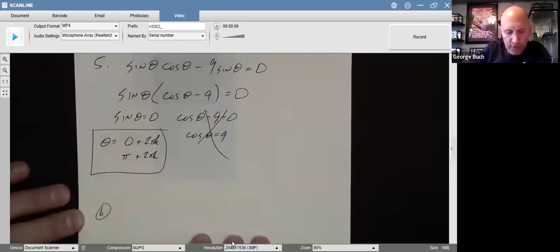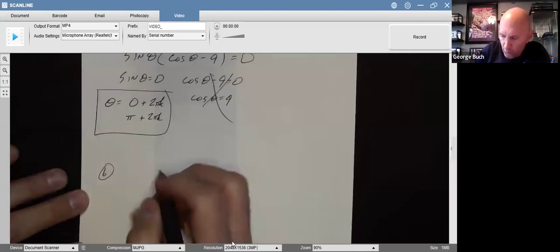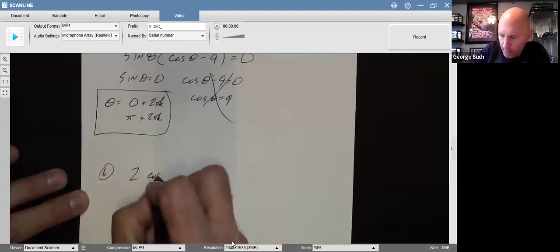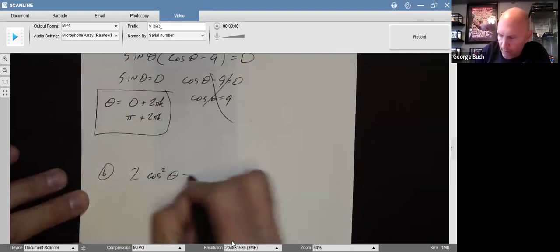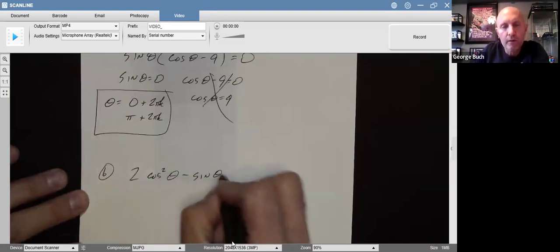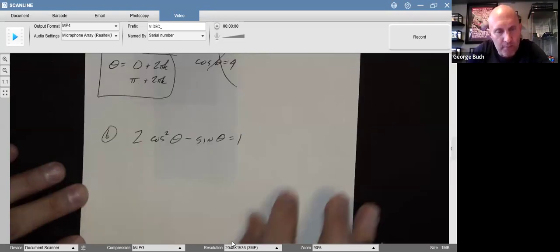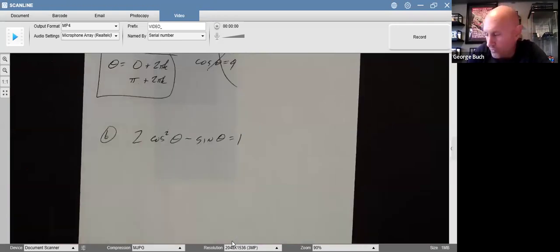And then number 6, we had 2 cosine squared theta minus sine of theta is 1. So in this situation, I don't have the same trig function. I can't factor anything out. I'm stuck. If only there was something George told us on the second day of class, if we ever get stuck, we should do. That's right, the Holy Grail.